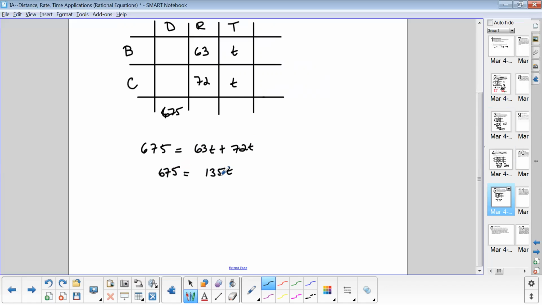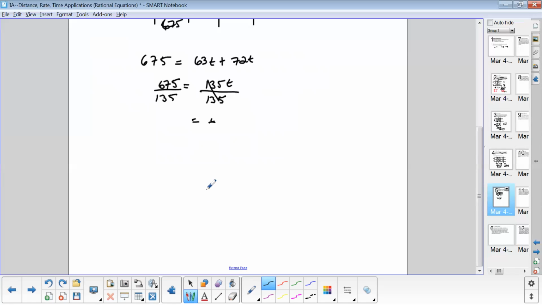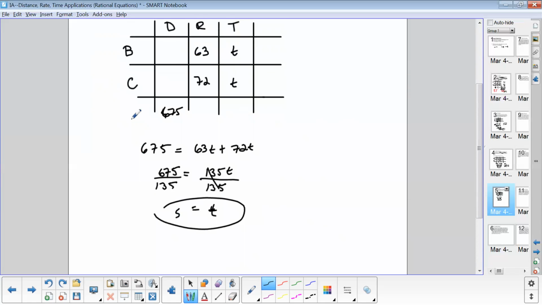And we would just divide both sides by 135. And I'm going to get t is equal to 5. 5 what? Well, we're talking 5 hours.